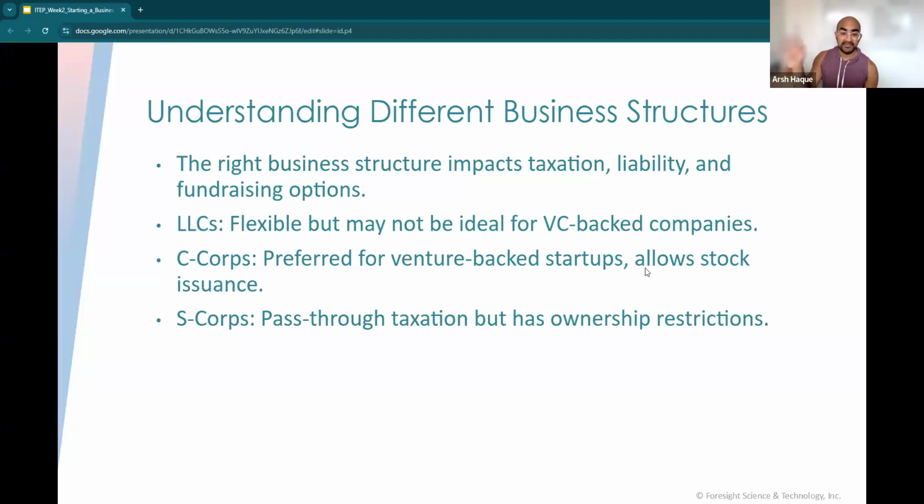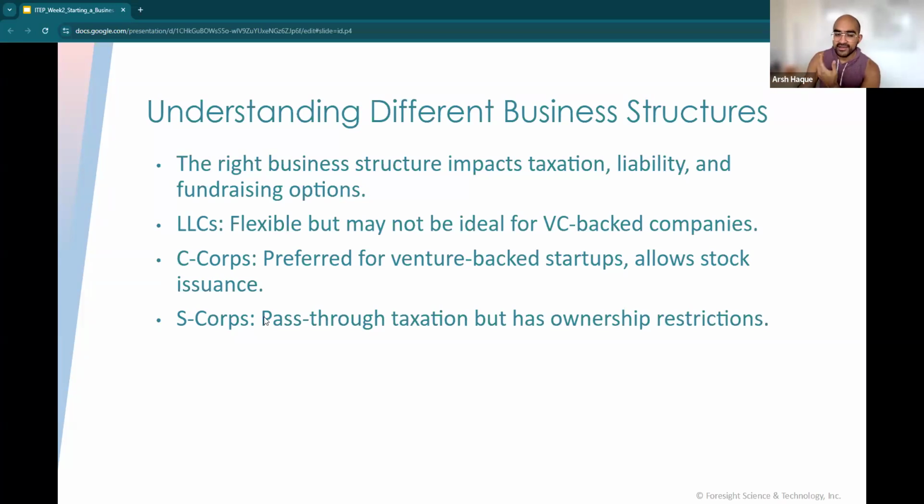We'll get into this in way more detail in a future session. But if you're doing venture capital, things like a seed round, a Series A round, going public, getting acquired, a lot of those elements, then a C Corp is often the approach that you want to take.